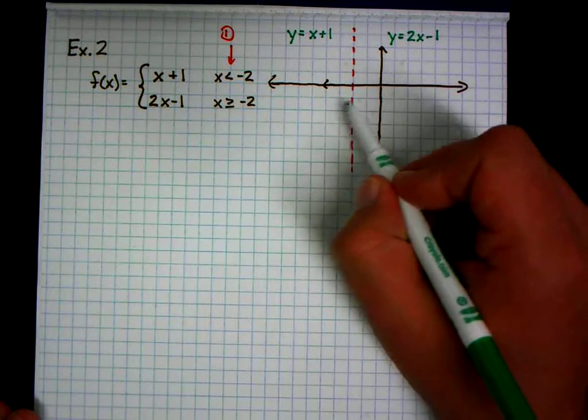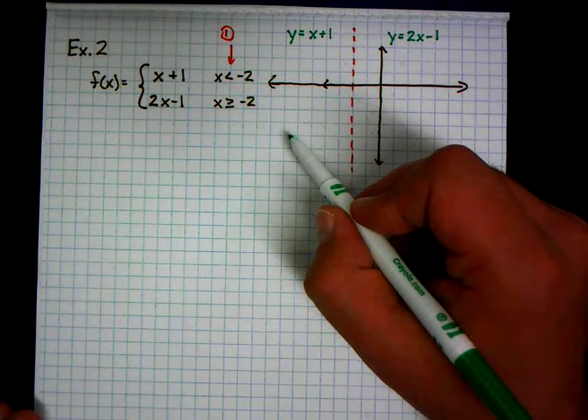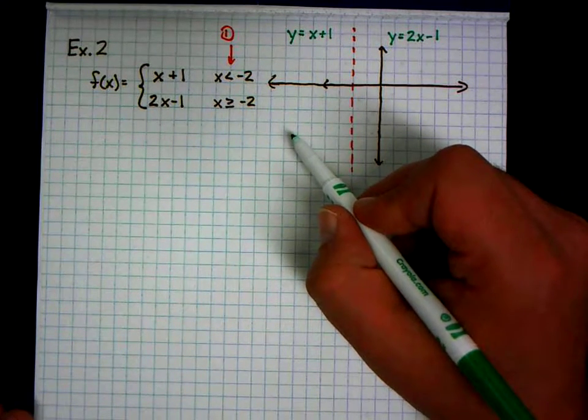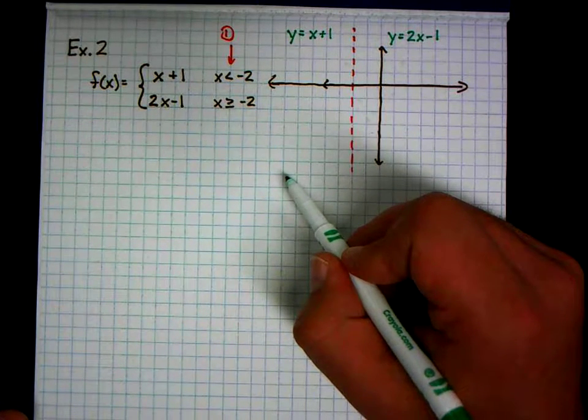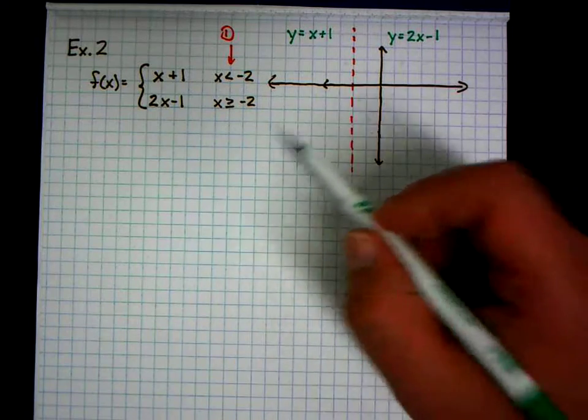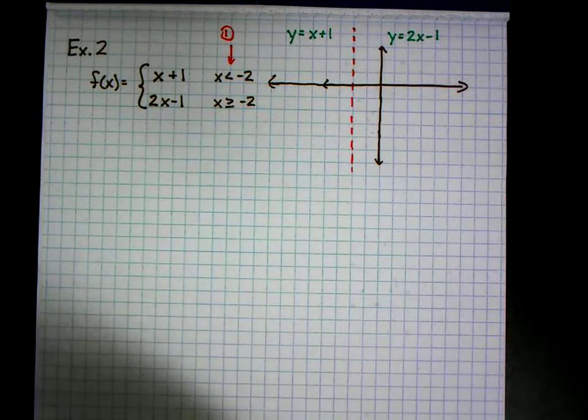Or you can just simply plot points on this side of the dotted line. Either way, I don't care, as long as your graph only shows up on this side of the dotted line. So I'll do it both ways for you. On this one, I'll plot points. On the next one, I'll use slope and get it over there.